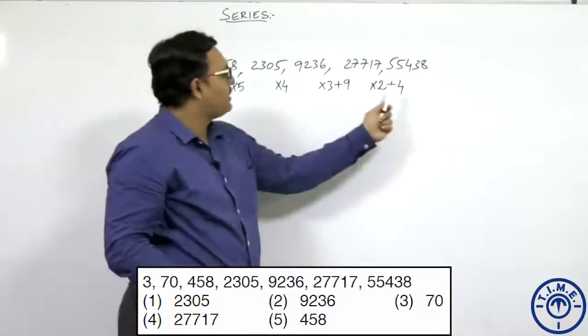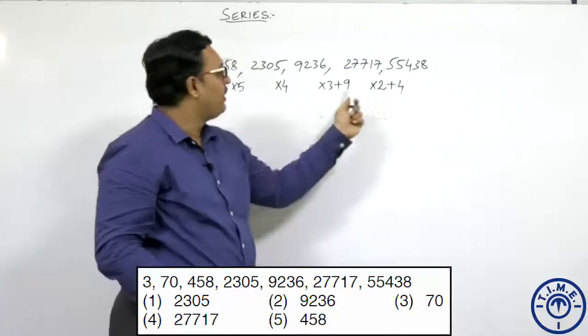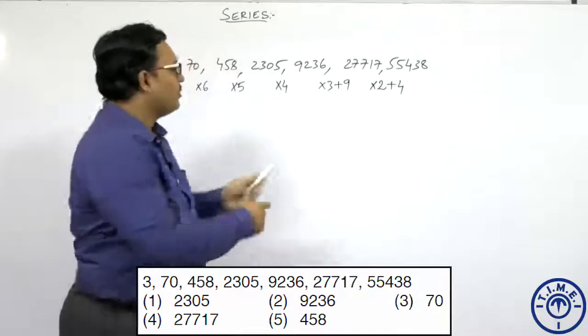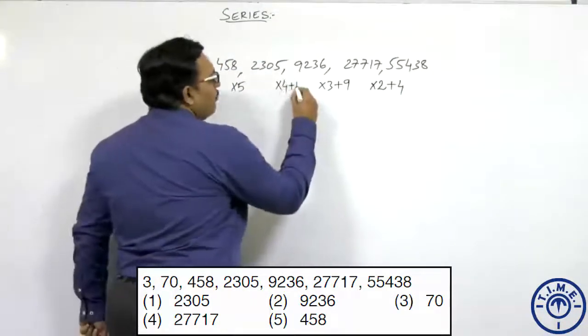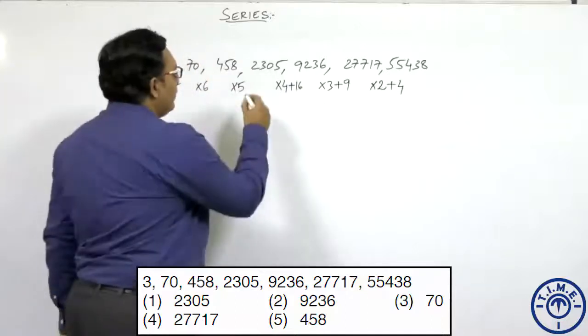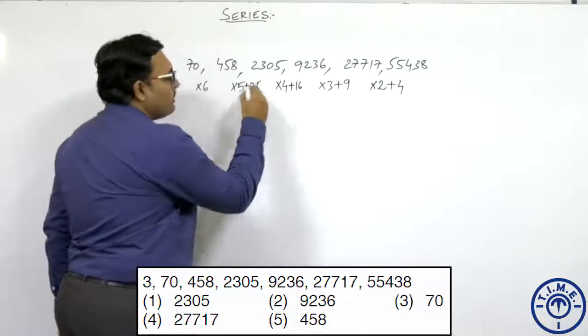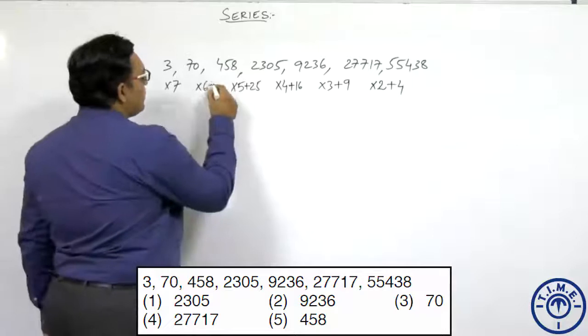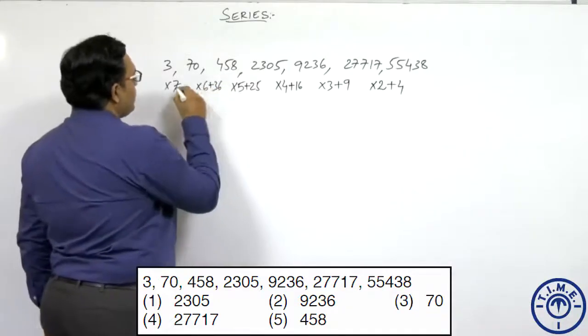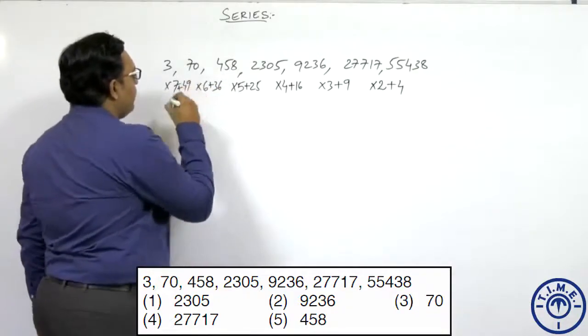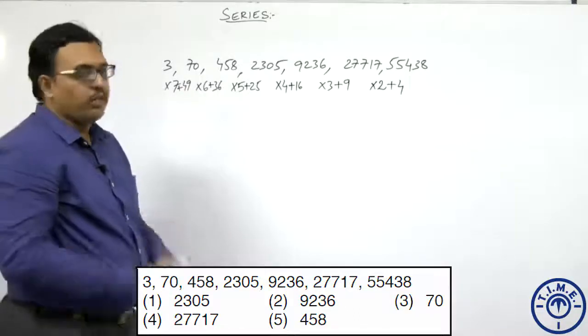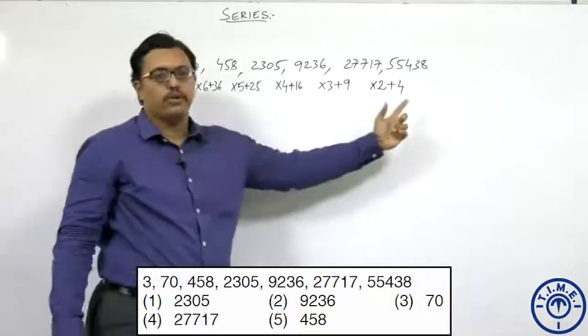So now again what is happening here? Into 2 plus 2 square, into 3 plus 3 square. So the next is into 4 plus 4 square, which is 16, then into 5 plus 5 square, which is 25, then into 6 plus 6 square, which is 36, and into 7 plus 7 square, you are going to get plus 49. So this is the logic that you are going to get.